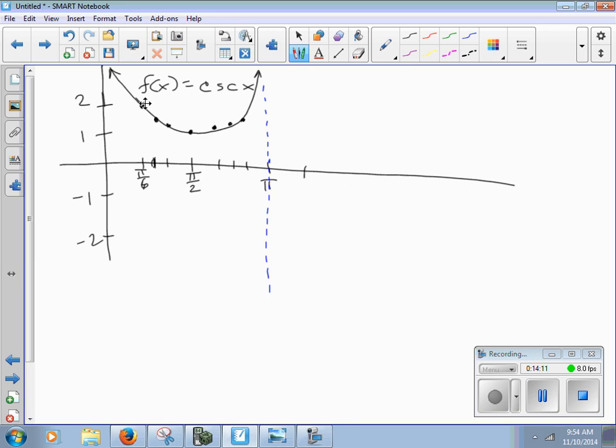It was negative 2, wasn't it? What was that next value? It was negative 1.4, negative 1.2, and then negative 1. That was at 3 pi over 2.